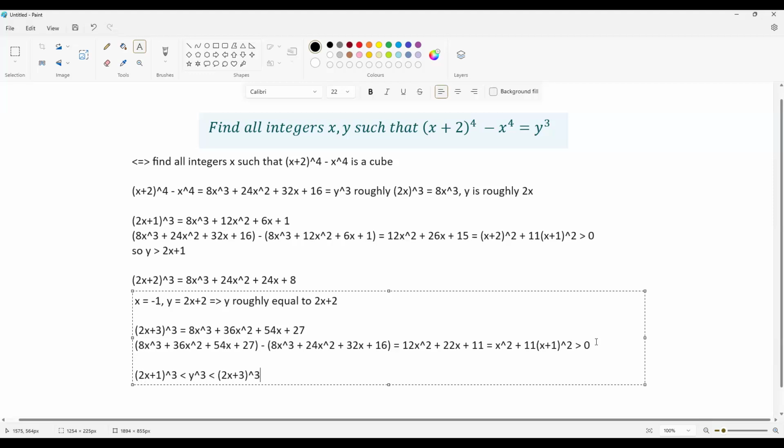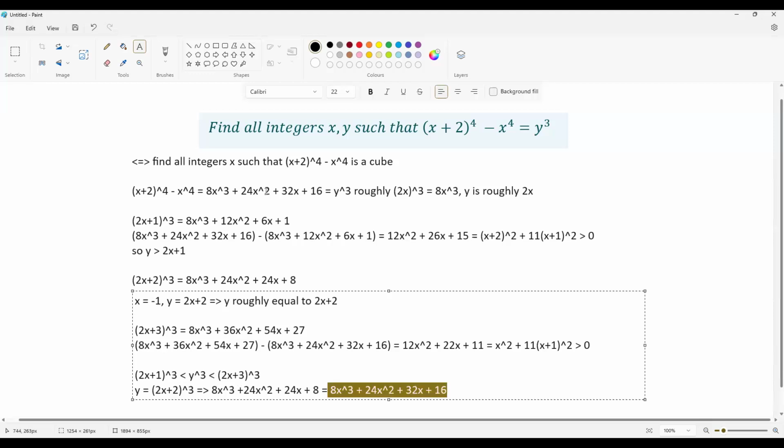But we know y cubed is a cubed number. So therefore, y is equal to 2x plus 2, because that's the only cube in between these two. Which means 8x cubed plus 24x squared plus 24x plus 8 is equal to 8x cubed plus 24x squared plus 32x plus 16.